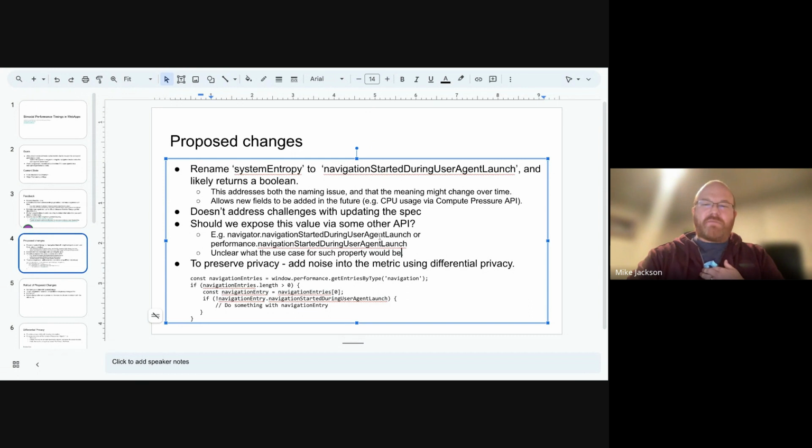Then we did talk about maybe exposing it off Navigator or the performance object, but our partners were a little unclear about what they would do with that data, except to capture it, attach it to the navigation object and then pass it on. And then using differential privacy to help add noise into it.